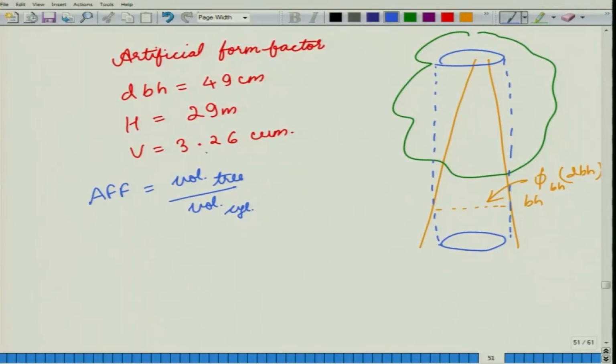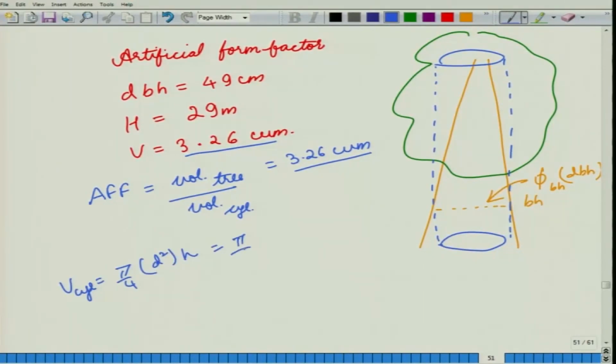The volume of the tree is given to you, 3.26 cubic meters. How do you find out the volume of the cylinder? The volume of the cylinder is pi by 4 d square h. So, here it is pi by 4 into d, which is 0.49 meters, square, into 29, is equal to 5.47 cubic meters.